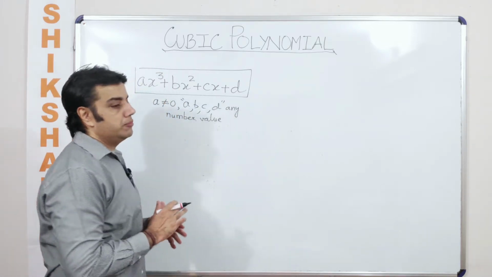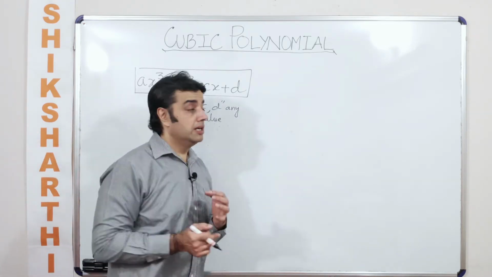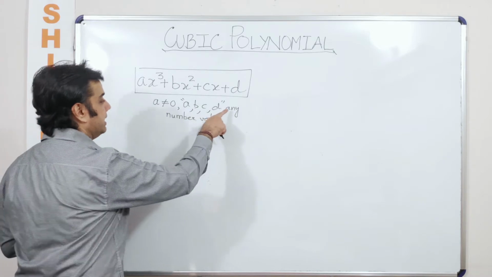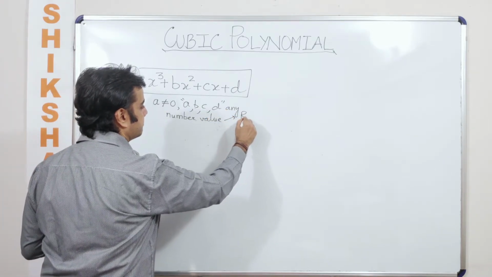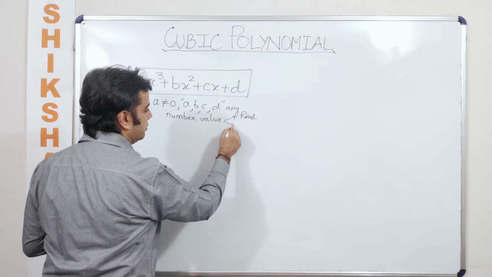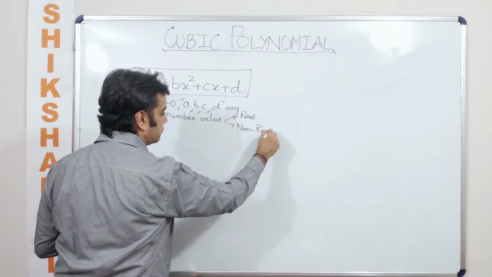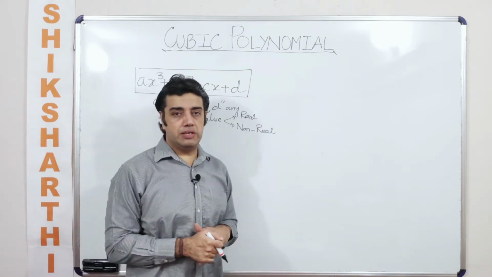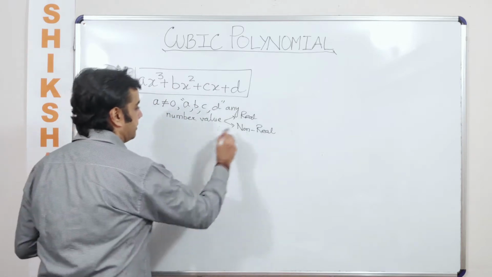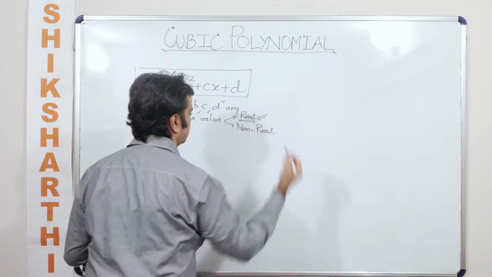At the same time, when I am talking about non-real values, then I use it accordingly. So when I use a term like any number value, I basically mean this could be real or this could be non-real. Now when I say non-real, there is only one possibility which arises from here, and that is imaginary values. But our focus primarily would be on real values only.